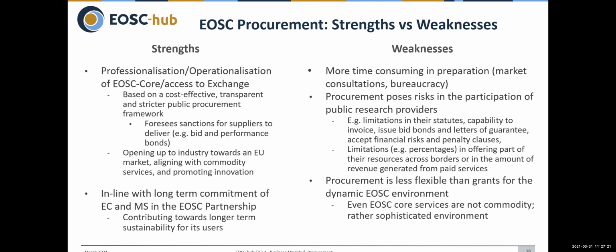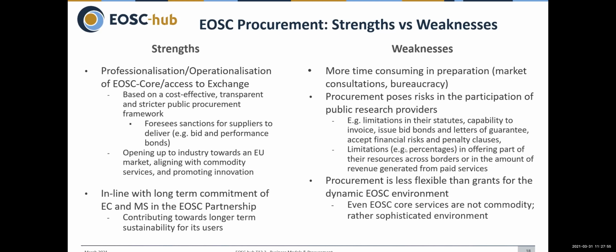Then, as you know, the public research providers have made significant investments over the past years, and they have several limitations in their statutes, and this poses some risks in their participation in a tender. For example, the limitations could be that they may not be able to invoice, especially across borders, or issue some of the bonds, or accept financial risk and penalty clauses.